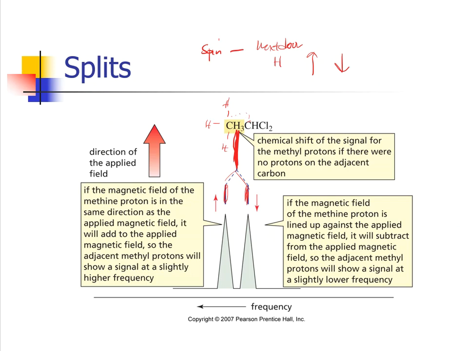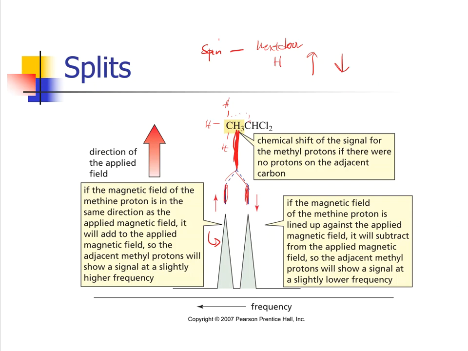So this main signal that we get from those 3 equivalent hydrogens, depending on what's happening next door, it could amplify that signal that we're seeing. And if it amplifies, then we get a slightly higher signal on the ppm or the delta scale.